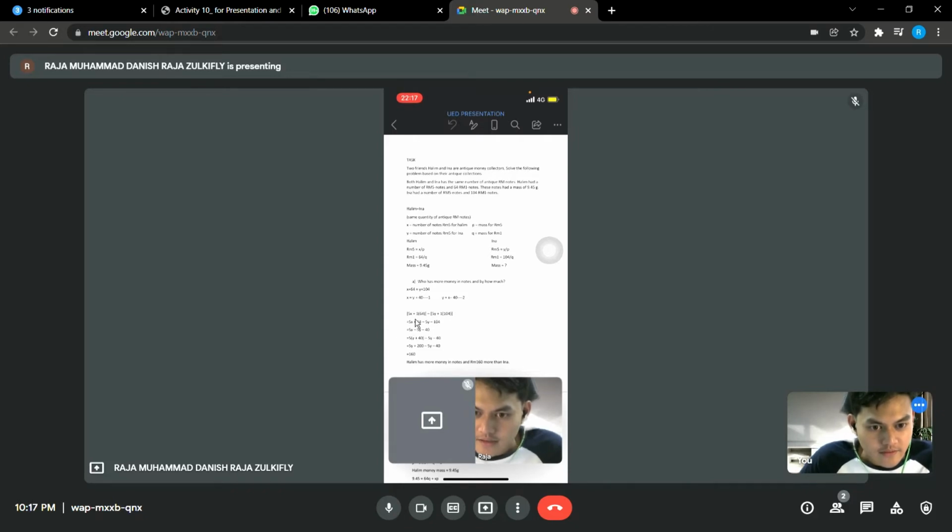Because for 5X, X is the number of notes. We don't know the number of notes. So for 1, the quantity of RM1 notes is 64 for Halim. For Ina, the number of RM1 notes is 104. So we do the equation like this.